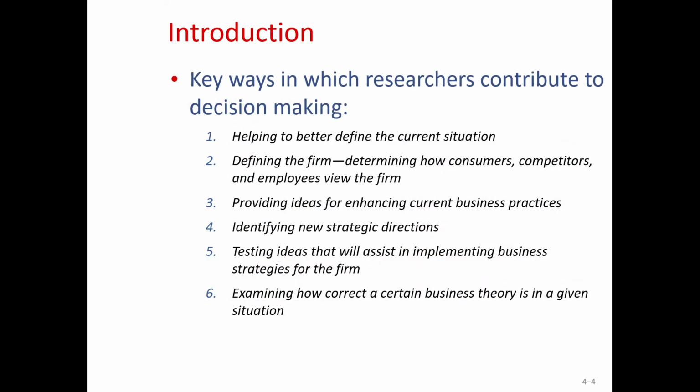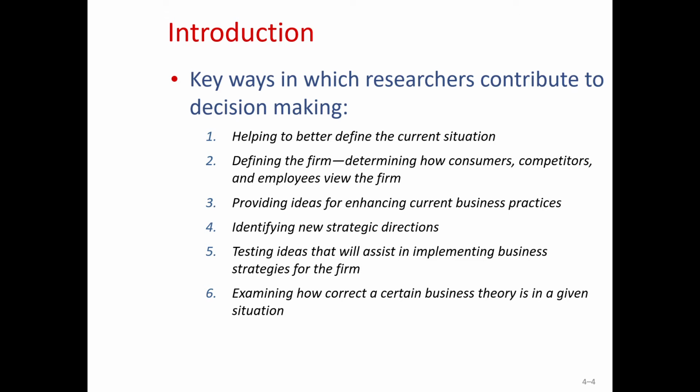In this chapter, we're going to focus on the relationship between business research and managerial decision making. Business success is determined directly by the quality of decisions made by key personnel.